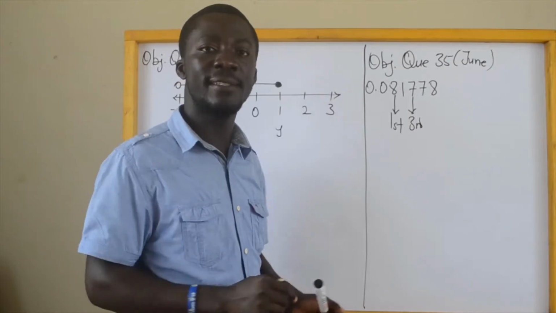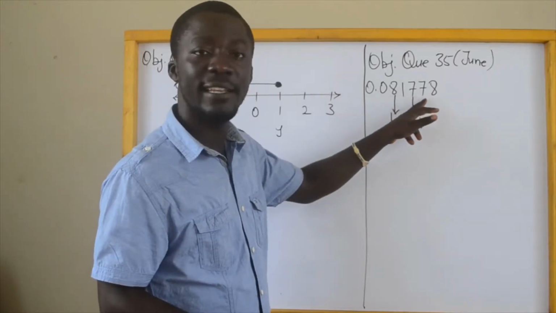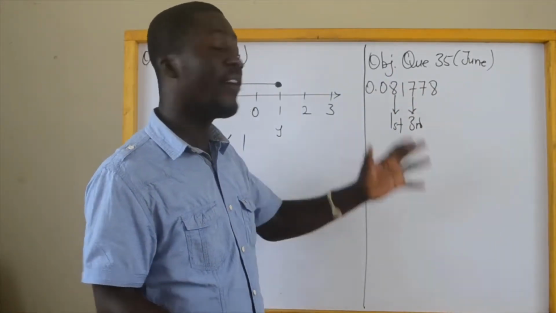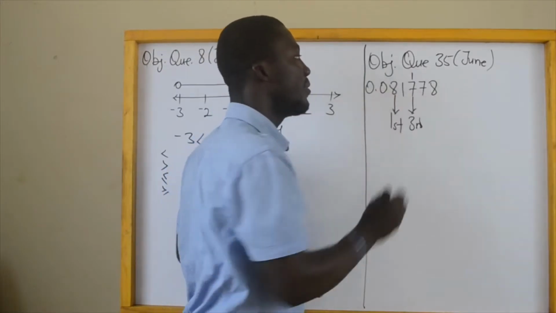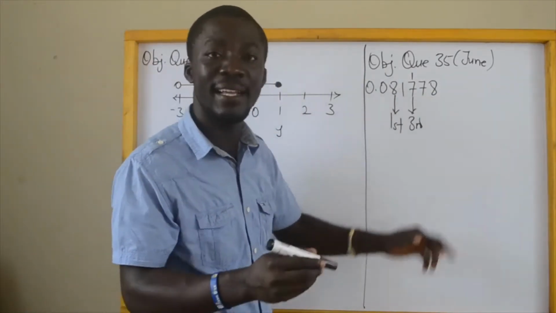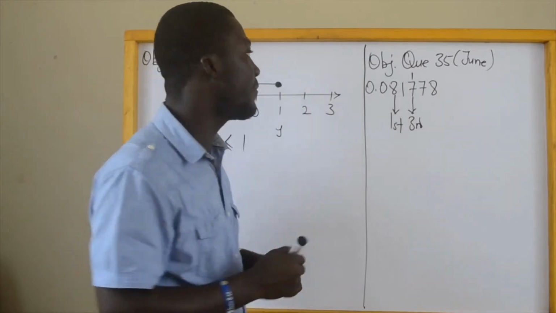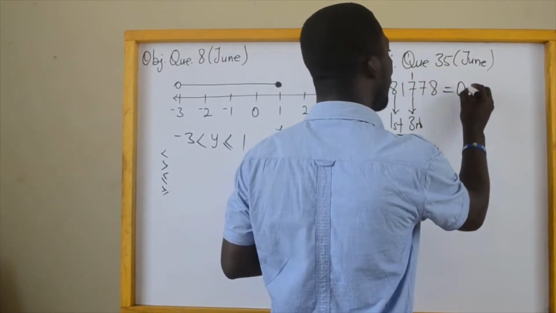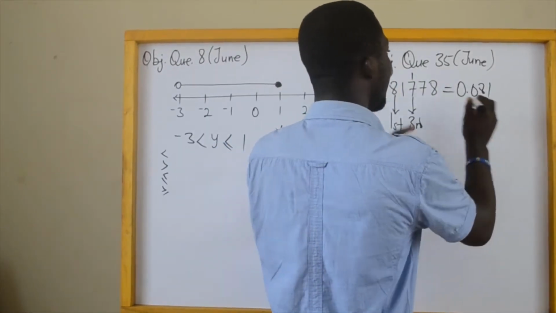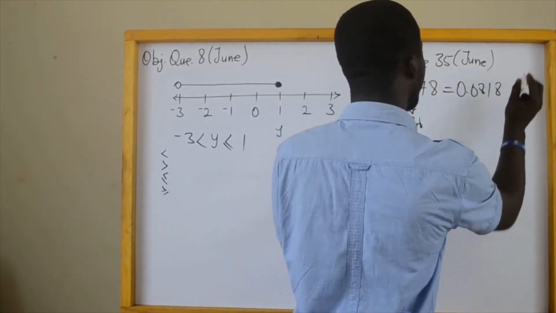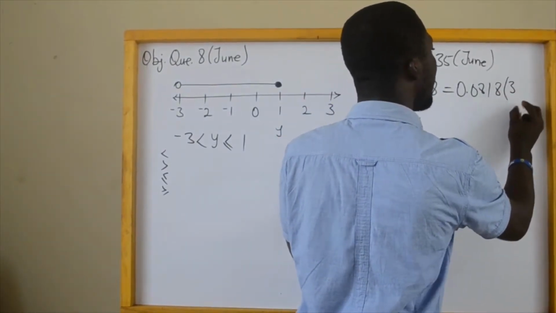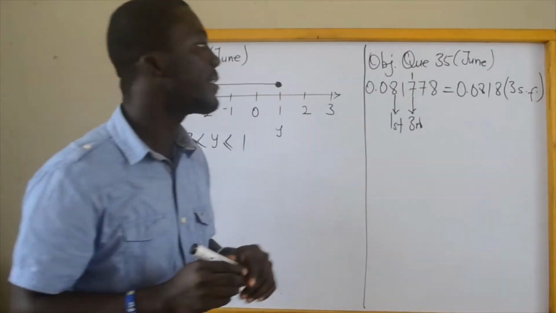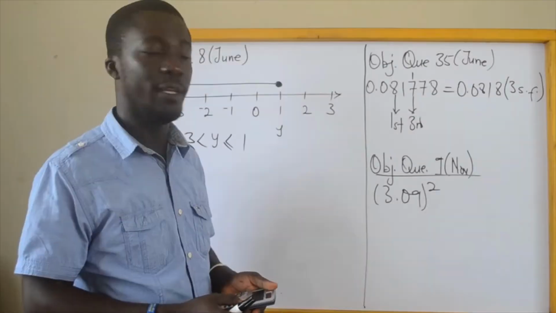But if it is less than 5, we discard the rest of the values and just maintain our 7. In our case, we have to add 1 to the 7, since the second 7 is greater than 5. So at the end, we will get 0.0818 to 3 significant figures.